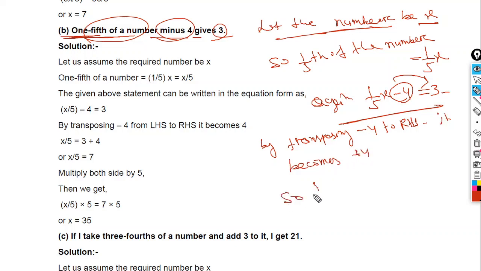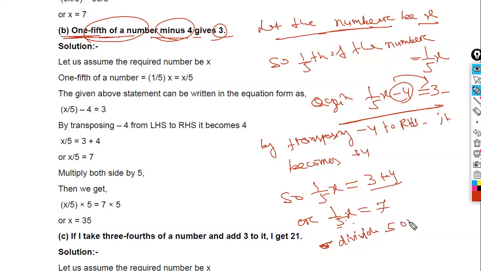So 1 by 5x equal to 3 plus 4, which is 7. Now what will we do? We can divide 5 on both sides.